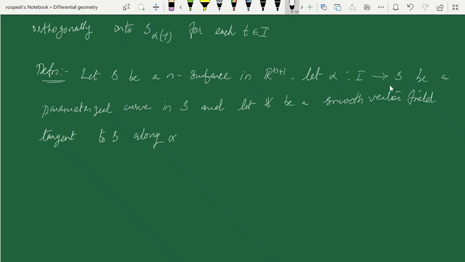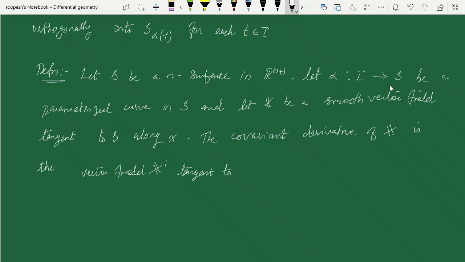The covariant derivative of the vector field X is the vector field X dash tangent to S along alpha, and denoted by X dash.